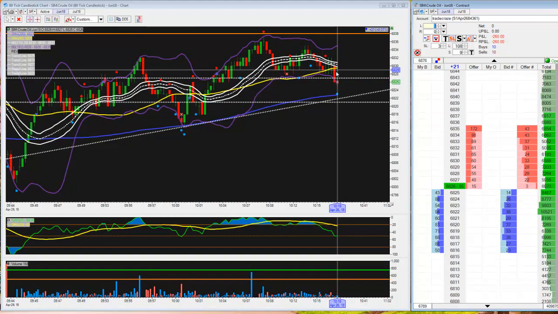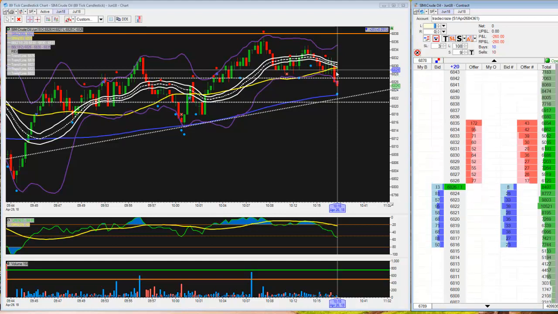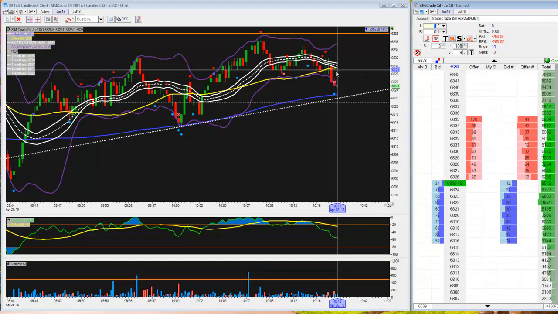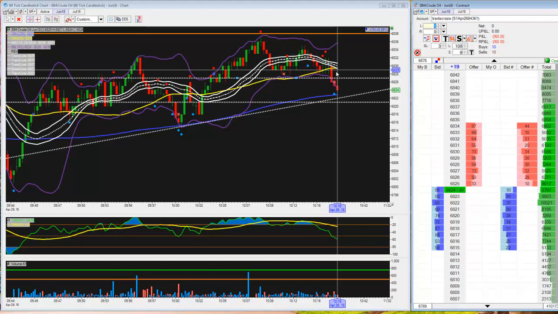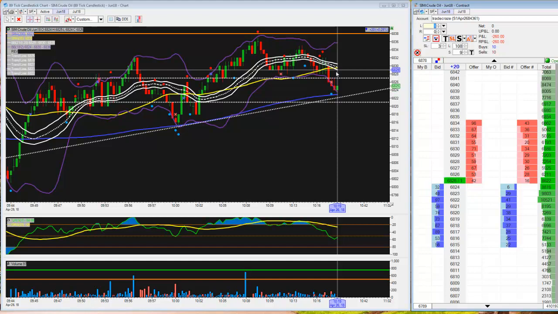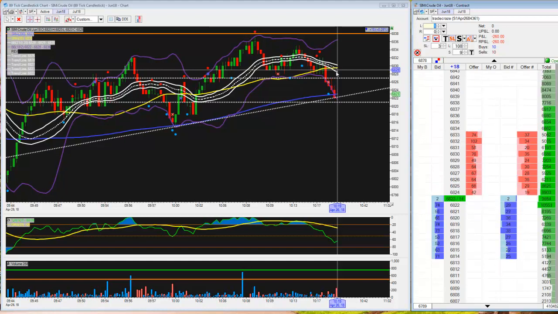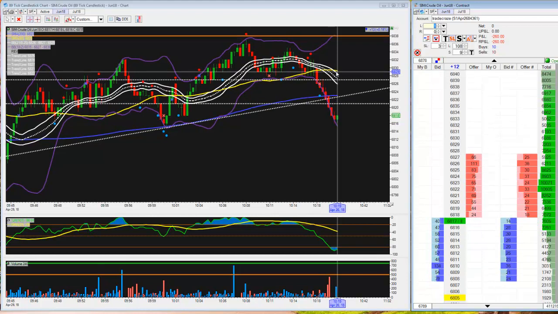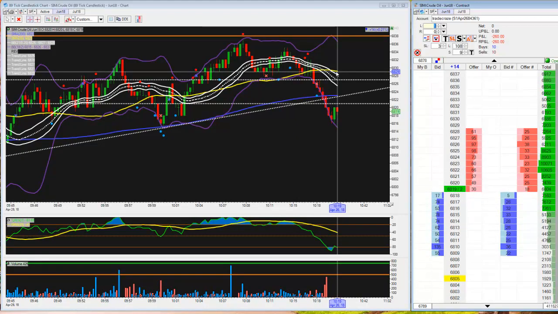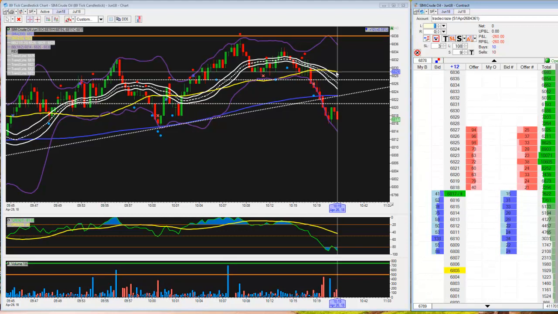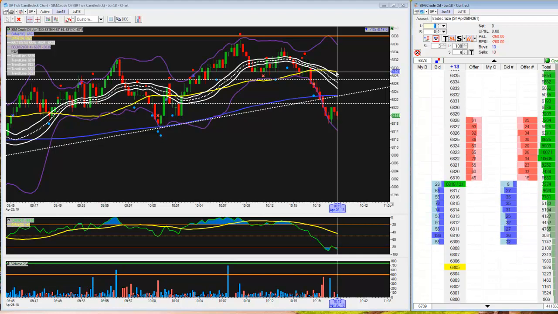Didn't want to go. So we took less of a loss there than we would have normally, at least normally that I trade.